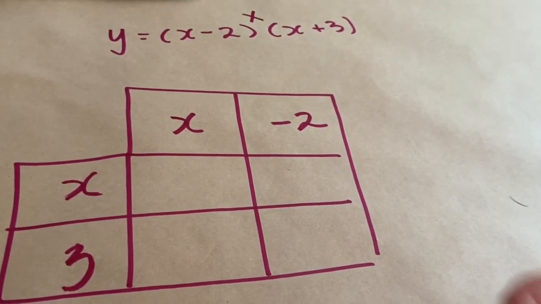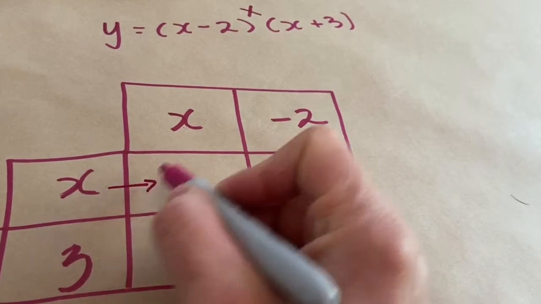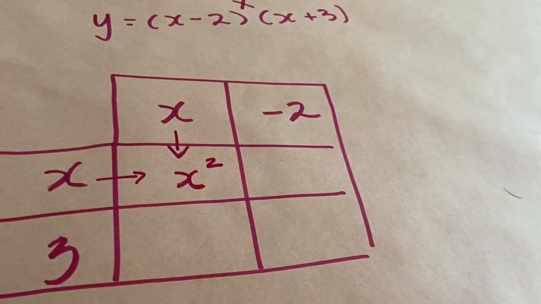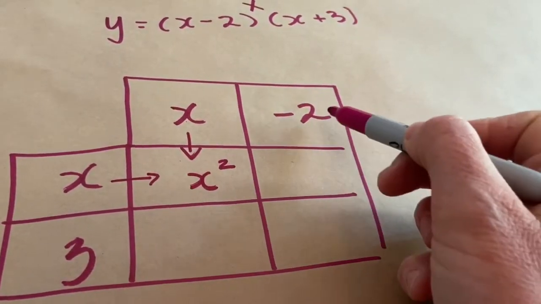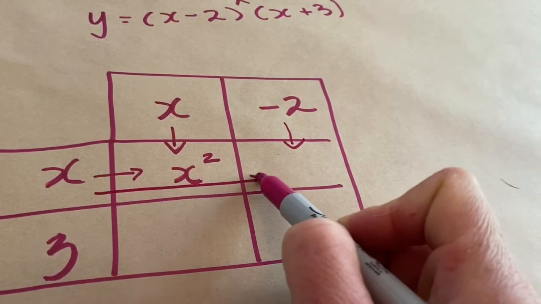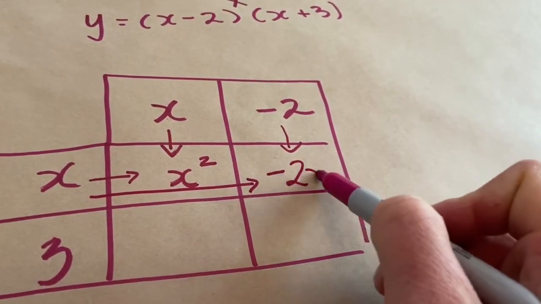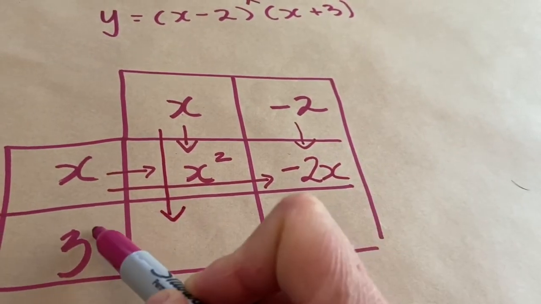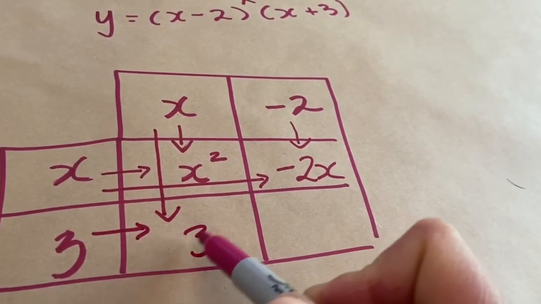So what I want to do first is multiply x times x, and that is x squared. And then I want to multiply minus 2 times x, and that gives me negative 2x. And then I want to multiply x times 3, and that gives me 3x.